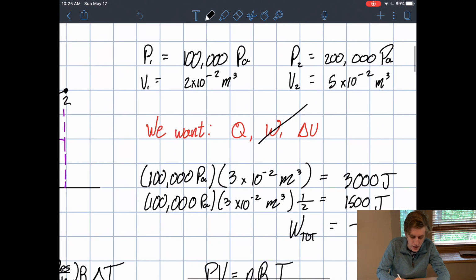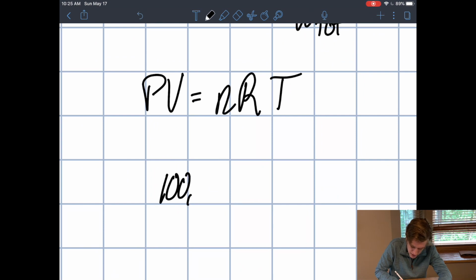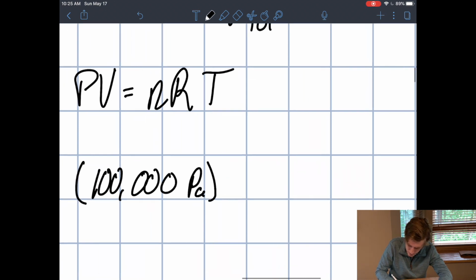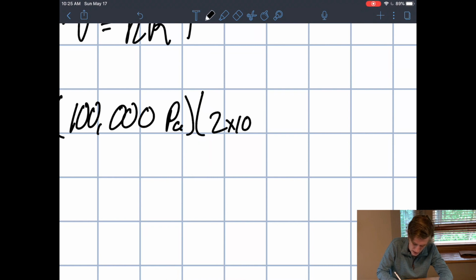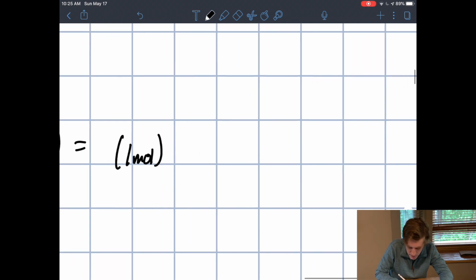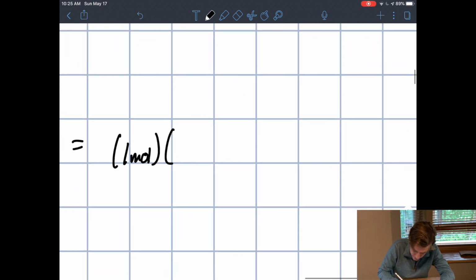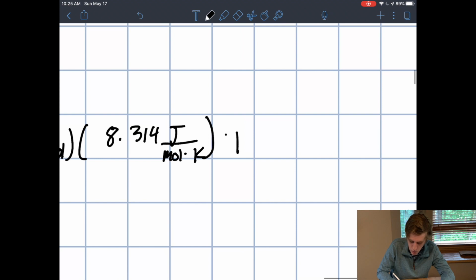So for point 1, we use the first pressure and the first volume. So we have 100,000 pascals times 2 times 10 to the negative 2 meters cubed is equal to the number of moles times the ideal gas constant times the temperature, which is what we're trying to find.